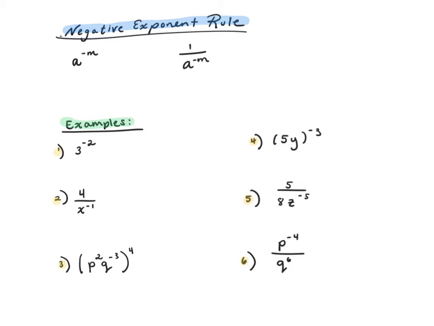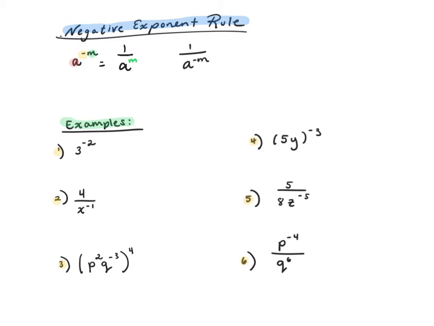Okay, so here is our rule. If I have a base a to a negative exponent, negative m, that's going to be equivalent to 1 over that same base to that exponent, but positive. So you lose the negative.